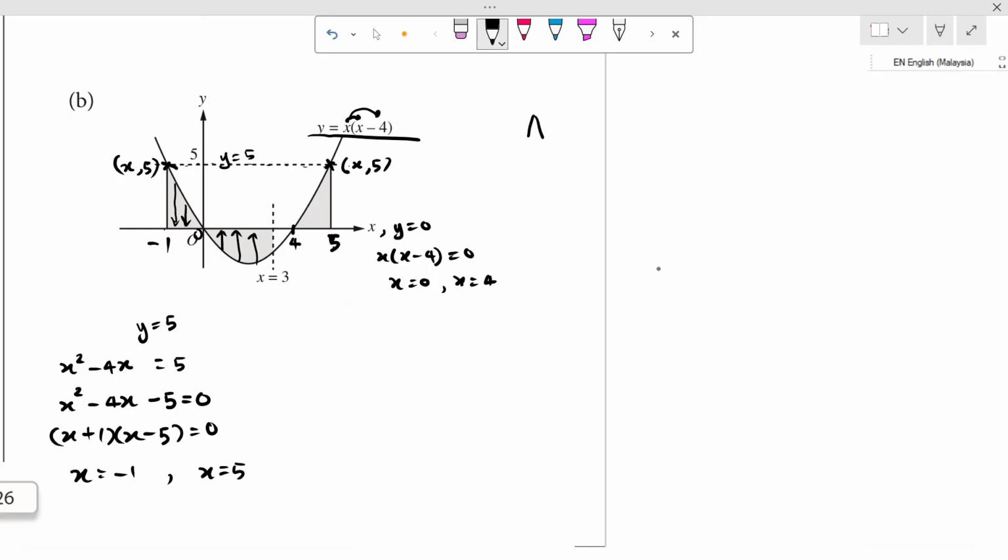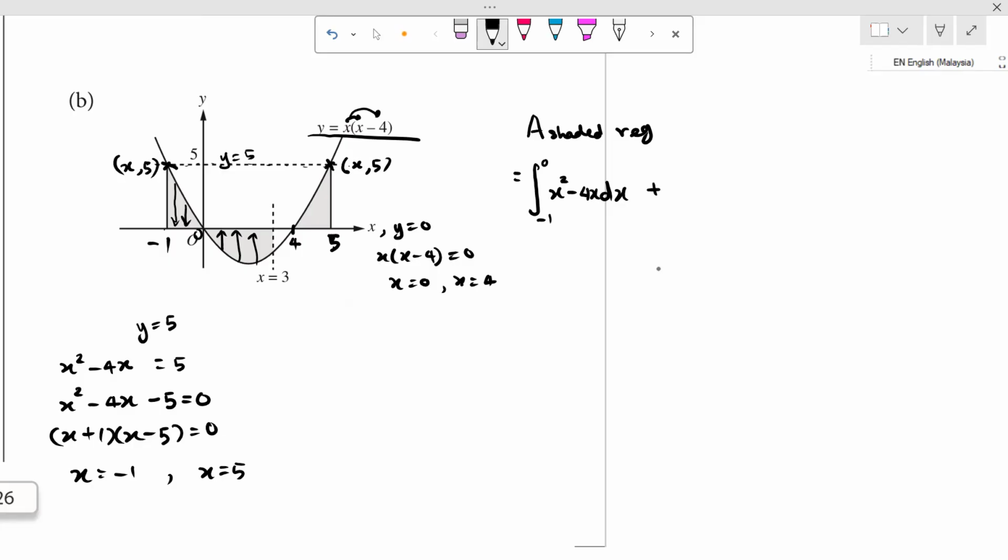So therefore the area of shaded region will be integration of -1 to 0 towards the x-axis. So your subject is the curve, so the subject will be y dx. So what is the y? y is x squared minus 4x.